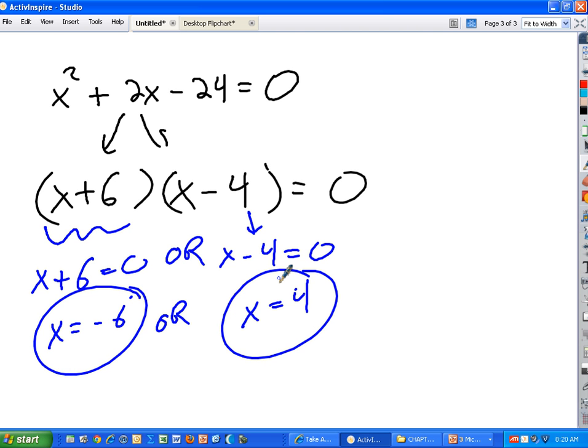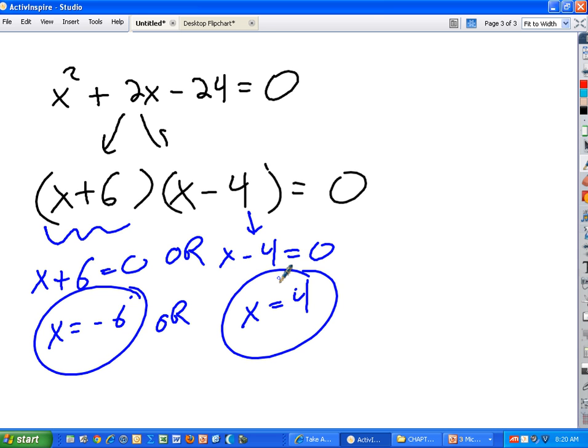That's why we're factoring. It's an important skill, but this is why. We factor because we want to be able to break big expressions up into small pieces and use that zero product property to find the answers. These are the values, -6 and +4, that would have worked in this original equation. We could test it out and see. If I put in +4, I'm going to get 16 plus 8, which is 24, minus 24.